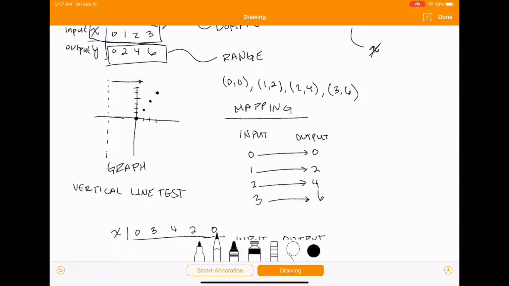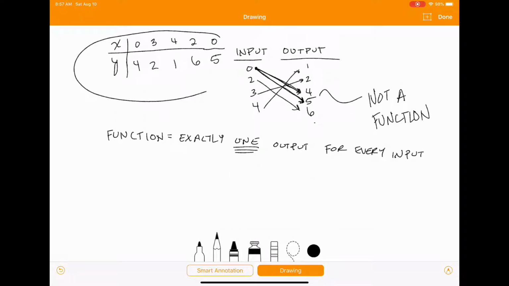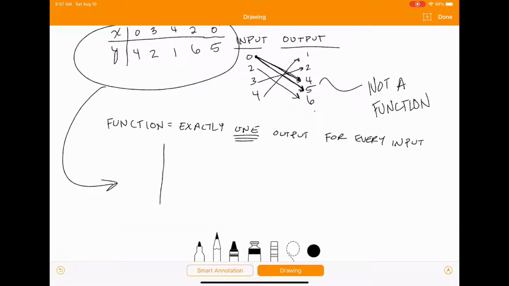And as long as this vertical line is only touching one point at a time, then you have a function. However, if it ever crosses more than one point, then it is not a function. So for example, if we were to graph these, let's do that right here.